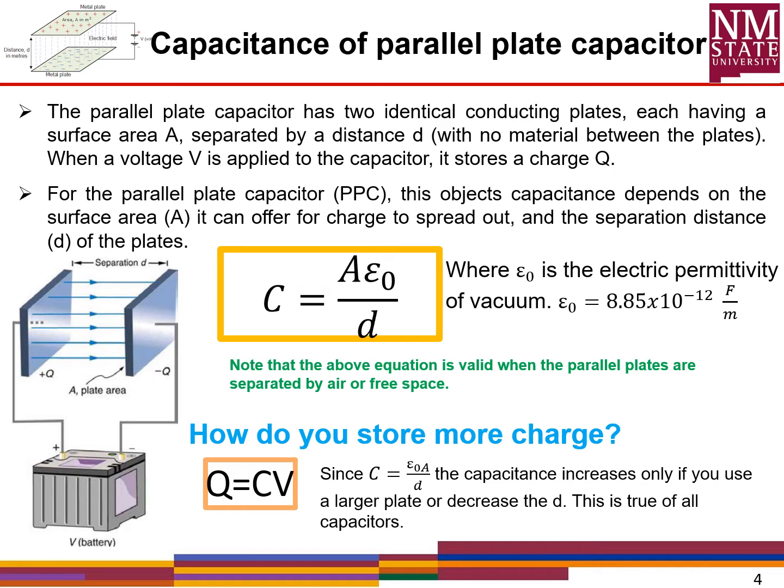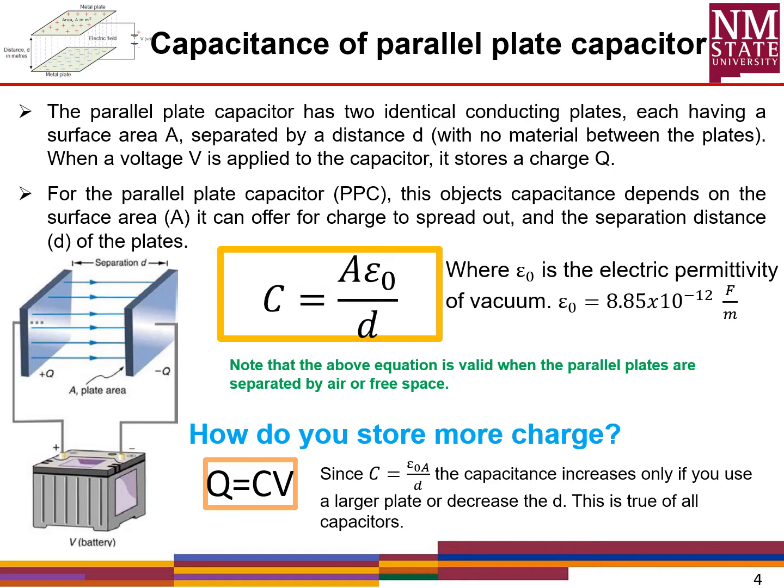Epsilon 0 is the electric permittivity of vacuum and it's this value. The main thing is this equation is valid only when the parallel plates are separated by air or free space. If we have any kind of dielectric material between these two plates, then we have to modify this equation. But today I'm not going to do that.